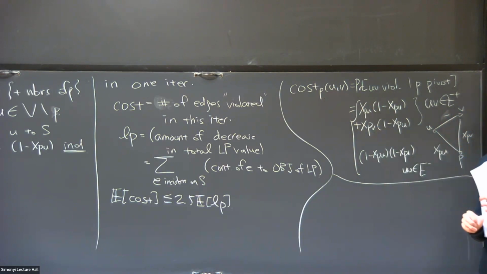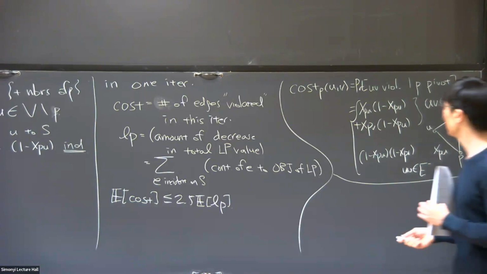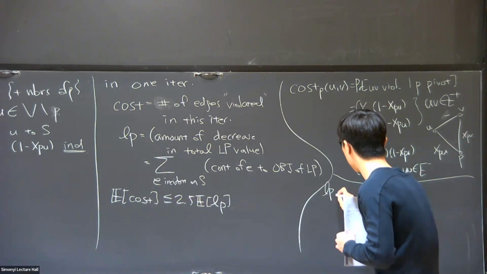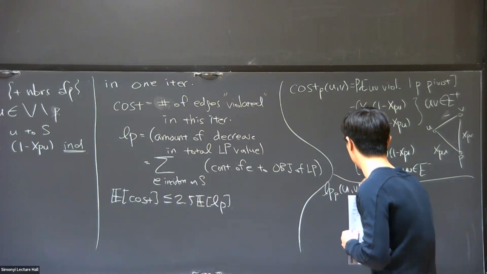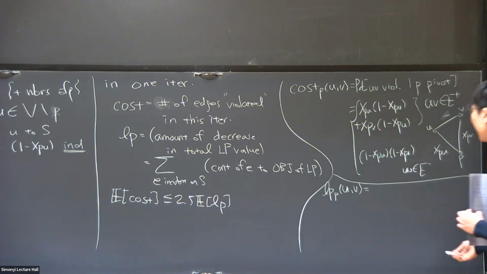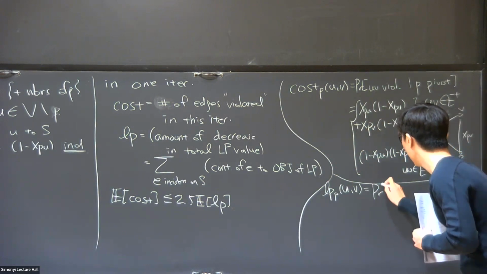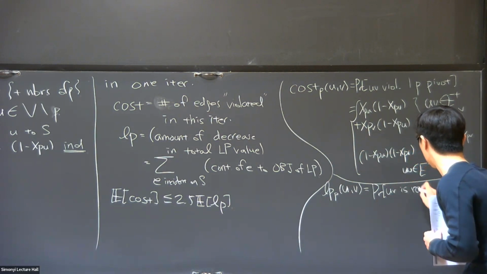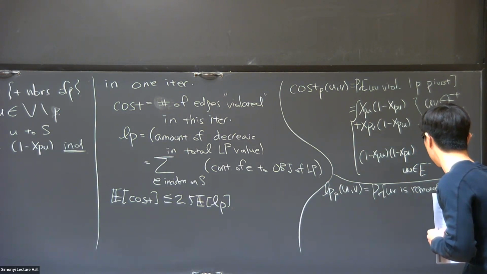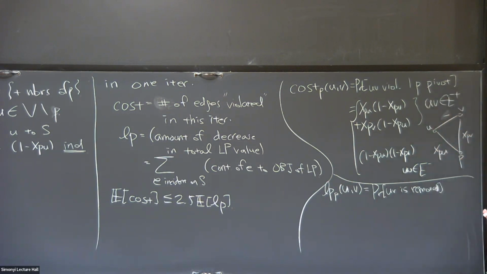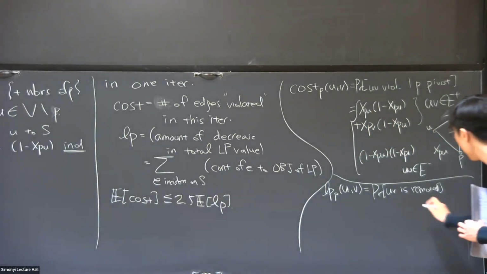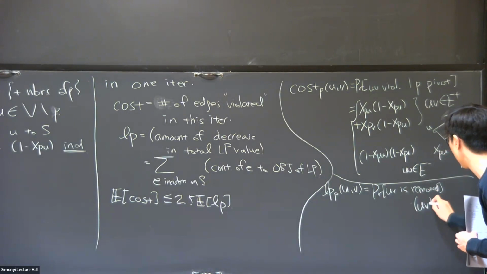Let's do a similar thing for LP. It's slightly different, but almost the same. I'm going to define LP sub P of UV as the probability that UV is removed after this instance, which means that UV is incident on S, times UV's contribution to LP.